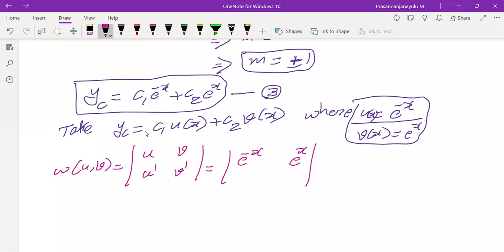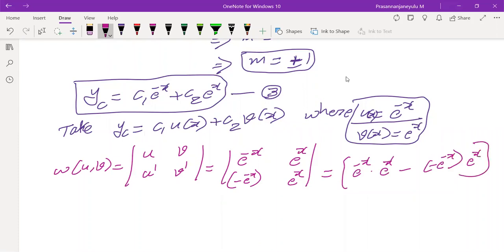Minus e power minus x is the first element of the second row, and e power x differentiation is e power x. So applying the determinant of ABCD, AD minus BC: e power minus x into e power x minus of minus e power minus x into e power x. Like this we can take it.